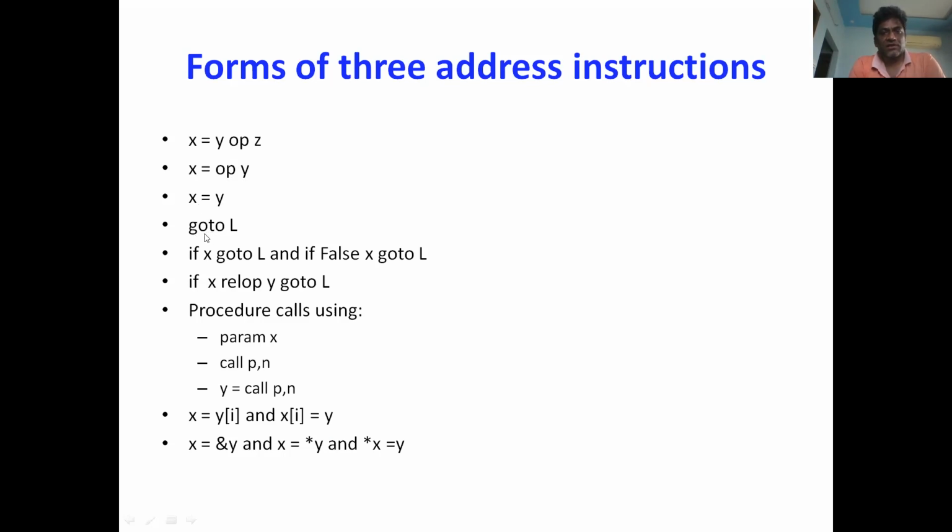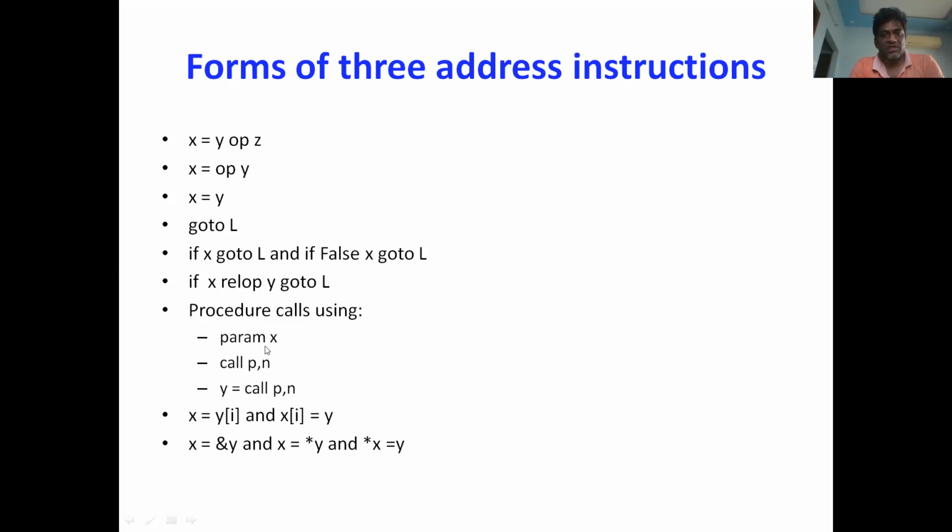And for the control statements, you need to use goto and some pointer you are going to make use of. For conditional constructs, it will look like this. If x goto L and if false x goto L, you can use any of these two forms. And if x relational operator y, then goto L. This is a possible three address instruction. And procedure calls can be represented like this.